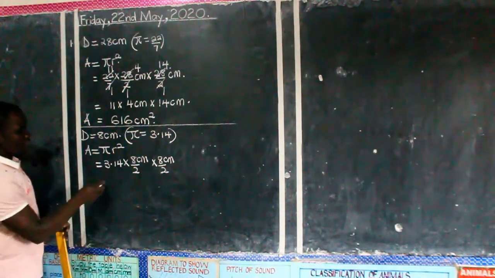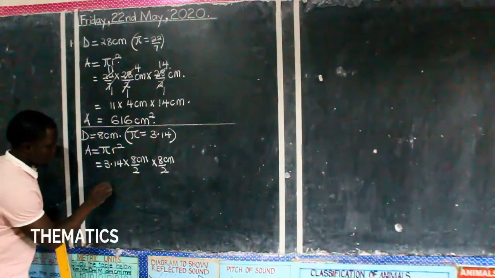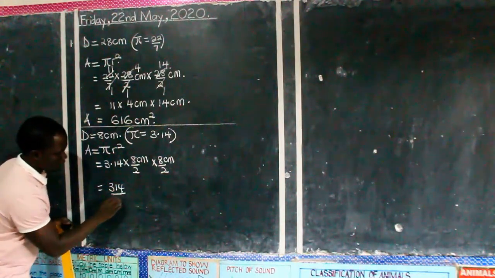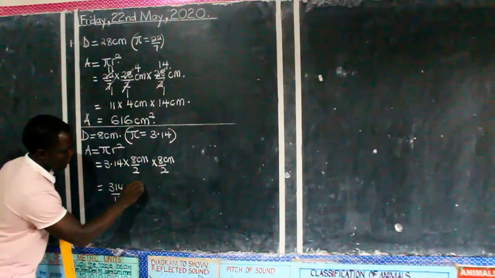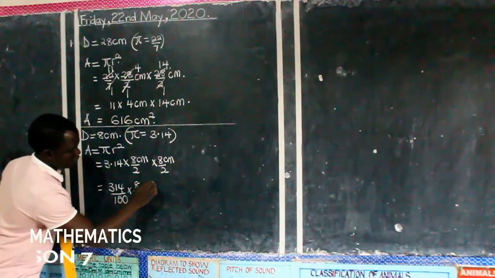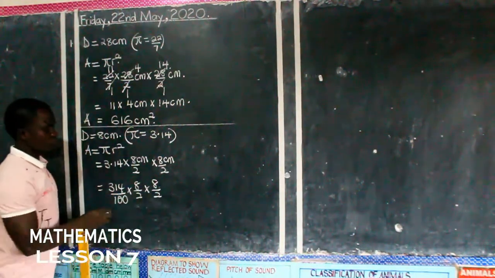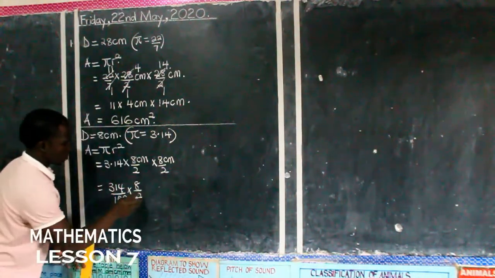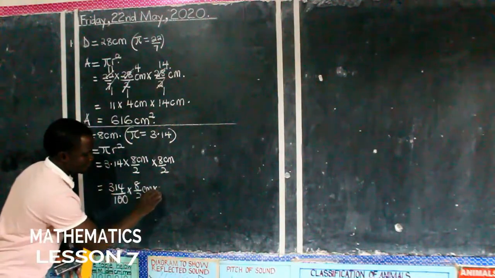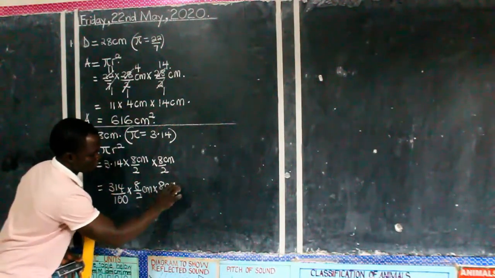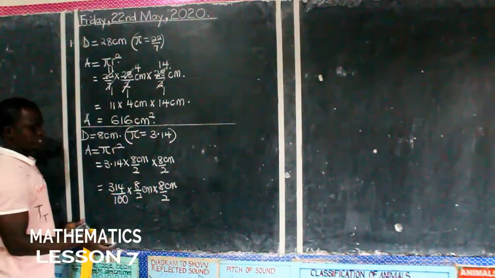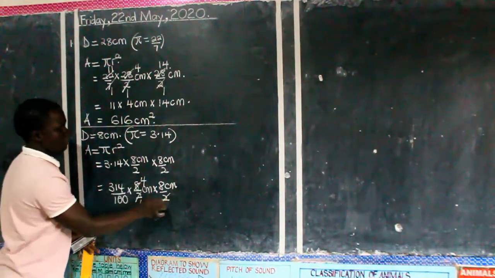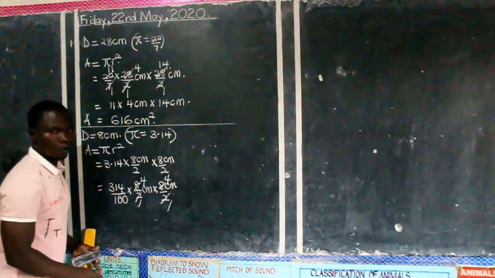Come down and make a vulgar fraction from this decimal number. This is 314 out of 100 times 8 out of 2 times 8 out of 2. 8 out of 2 centimeters times 8 out of 2. Let's simplify. By 2 once by 2, this is 4. By 2 once by 2, that is 4.